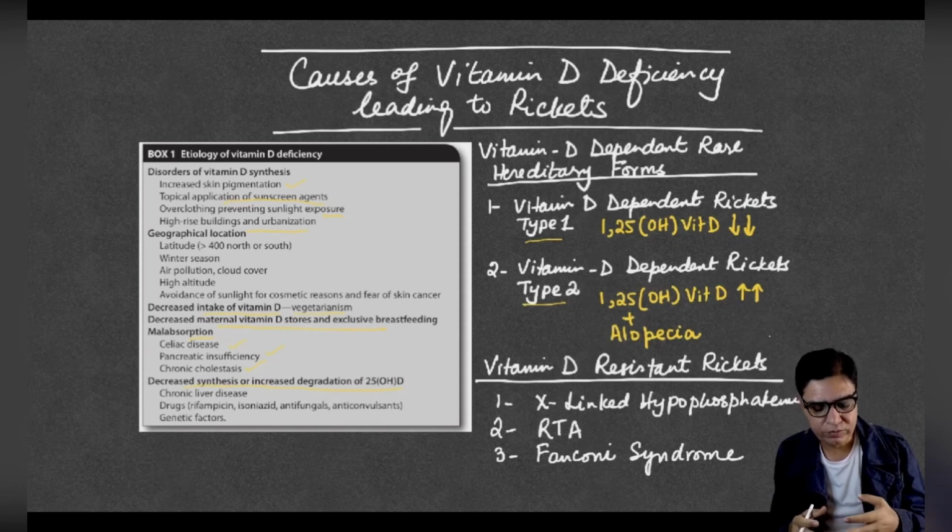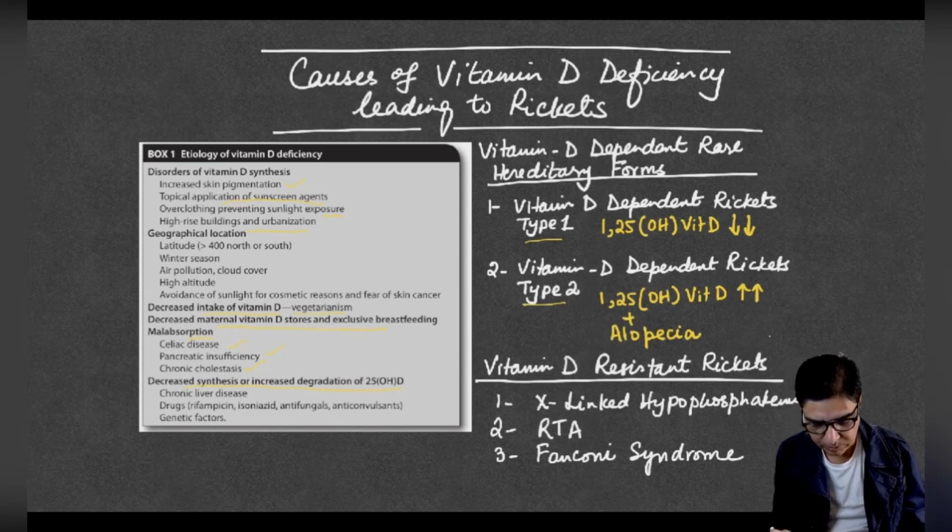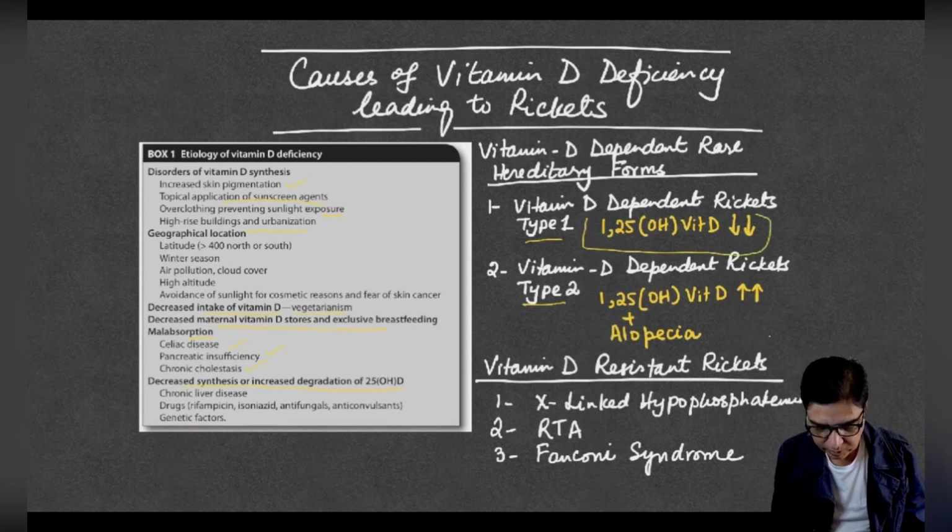That would lead to defective osteoid mineralization, leading to either rickets or osteomalacia. So vitamin D dependent rickets is usually caused by this enzyme problem, because the enzyme is either absent or deficient, and the hallmark is that 1,25-dihydroxycholecalciferol, the active vitamin D, also known as calcitriol, would be low in the blood.